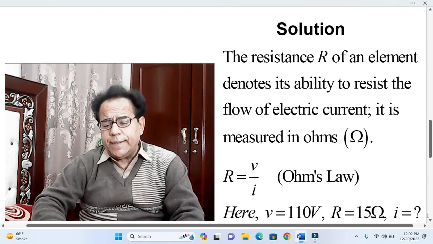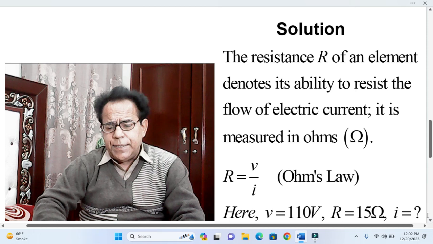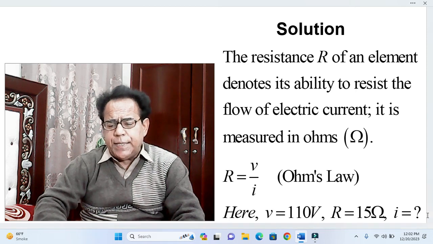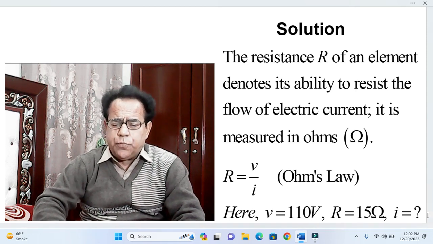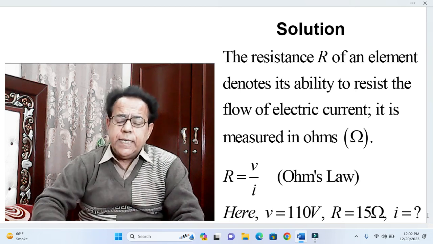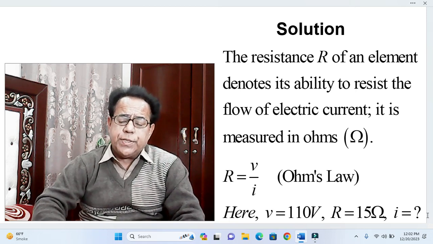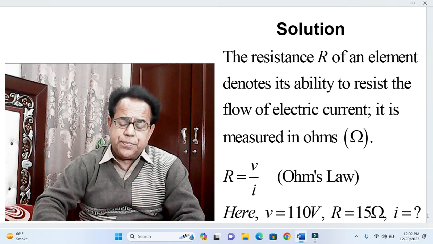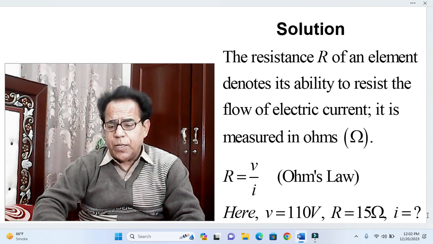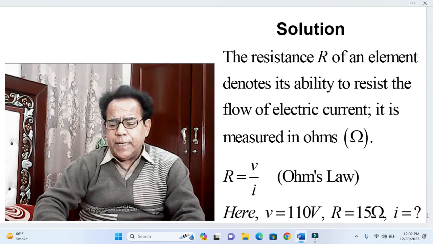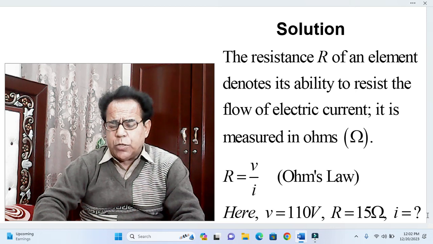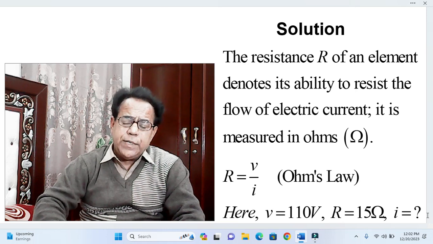The resistance R of an element denotes its ability to resist the flow of electric current. It is measured in ohms. Its symbol is omega, Greek alphabet omega. Okay, dear students, we have started the solution of this problem as if perhaps we are going to determine resistance, but we are not going to find out resistance.